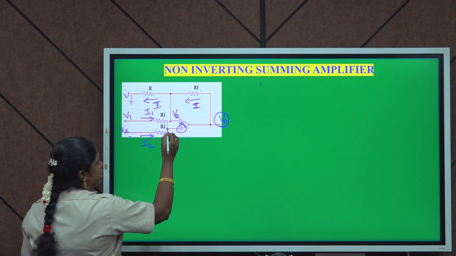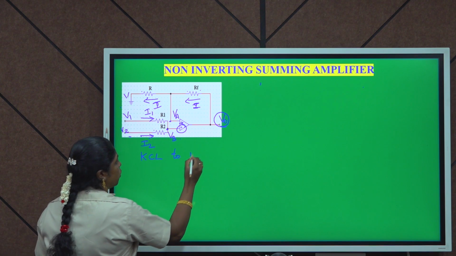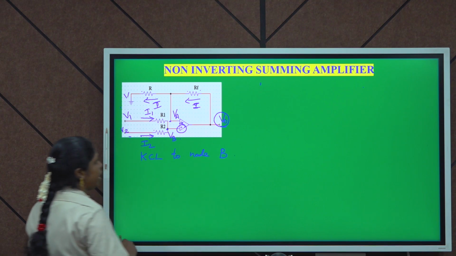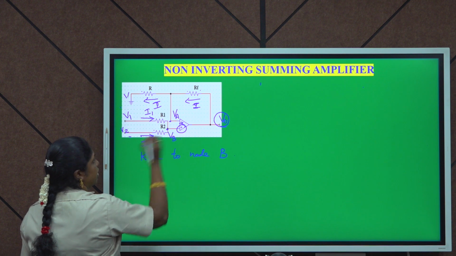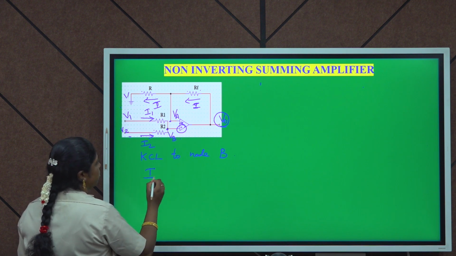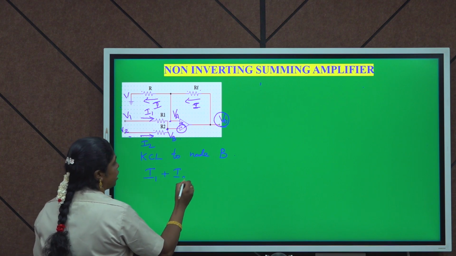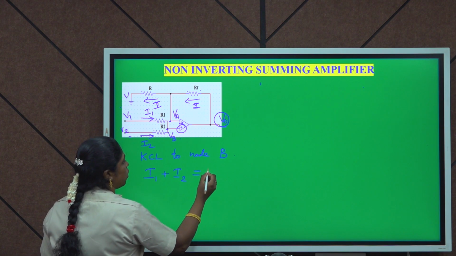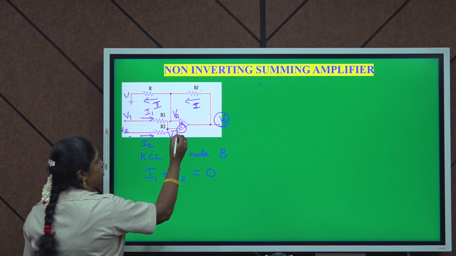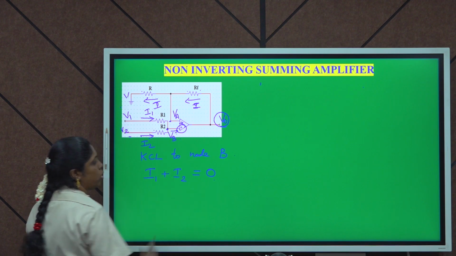So we can write, when we are applying KCL to node B at this point, the addition of currents entering the node, I1 plus I2, is equal to the current flowing into the non-inverting input terminal of the operational amplifier, which is equal to 0.